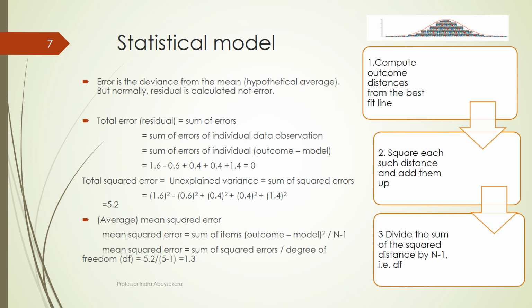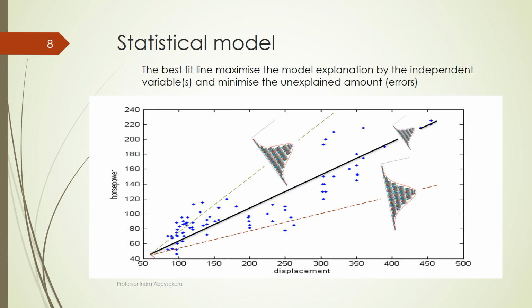So similarly, let's look at what happens if we draw a linear line to explain the relationship between an independent variable and a dependent variable, the changes occurring between the two.